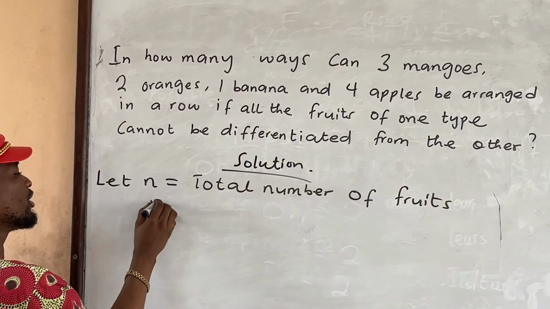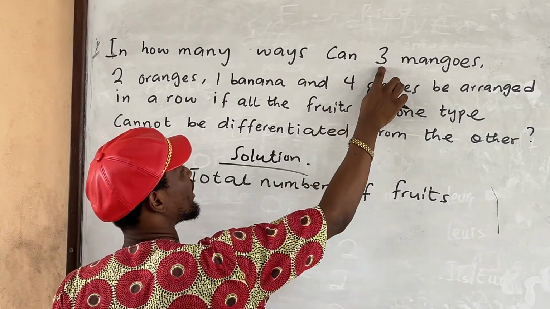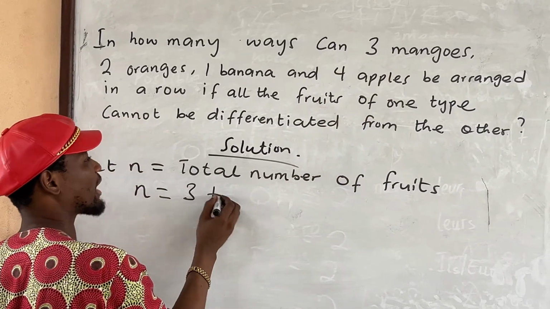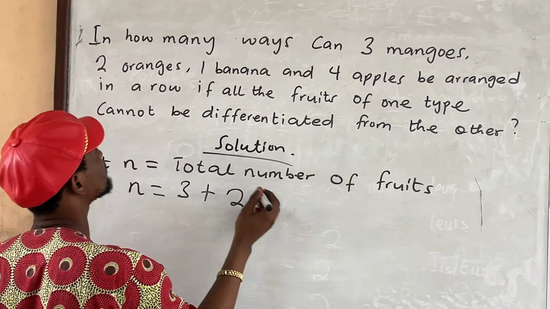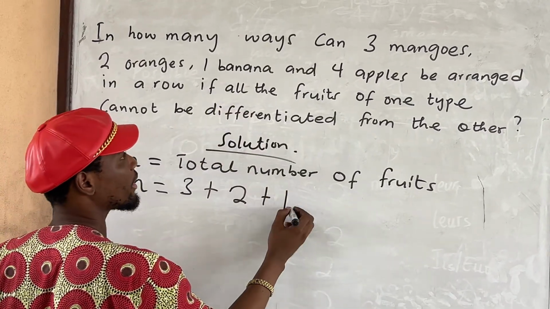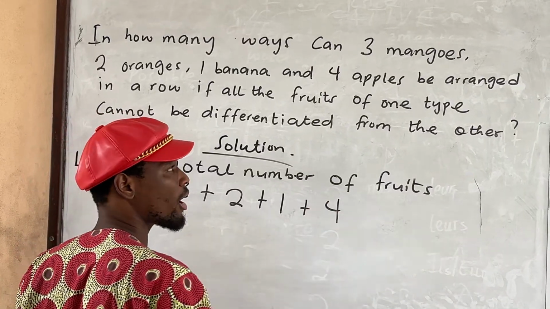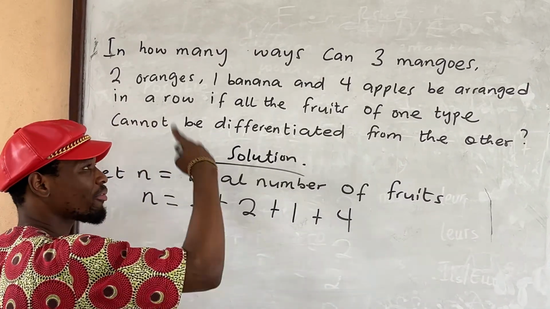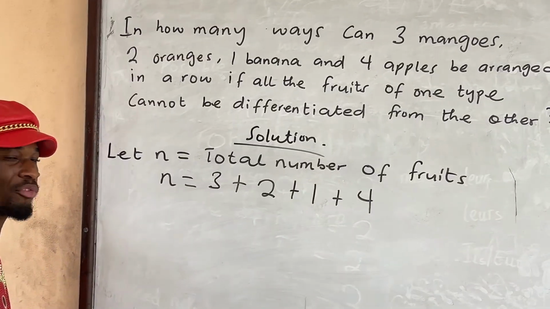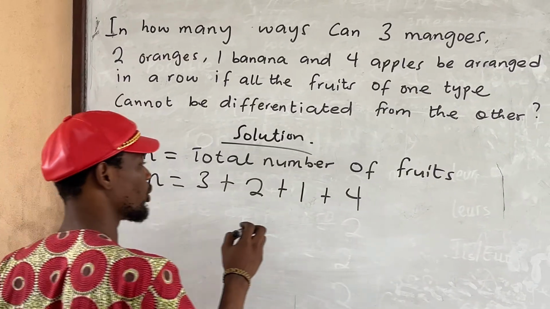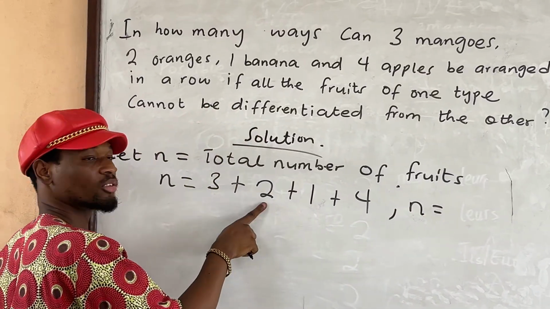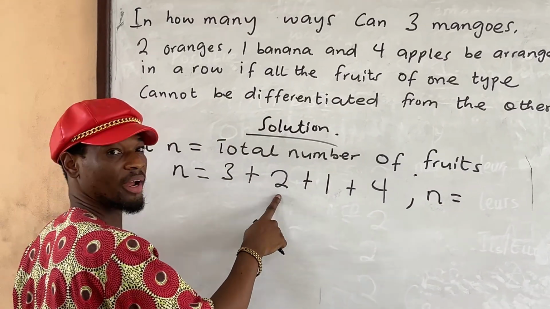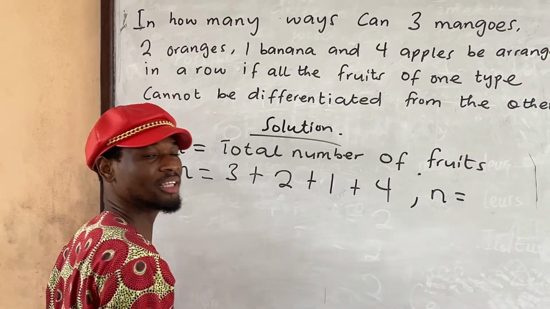So we have n being equal to 3 mangoes plus 2 oranges plus 1 banana, then plus 4 apples. We want to know the total number of items for the fruits. So here our n is equal to 3 plus 2, 5, then plus 1 plus 4 gives 10.